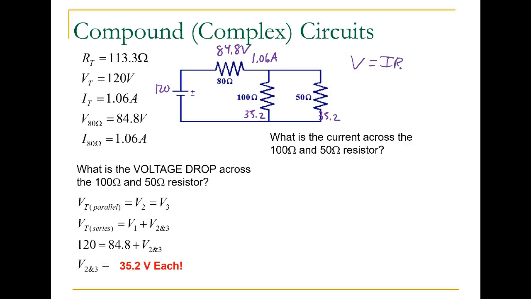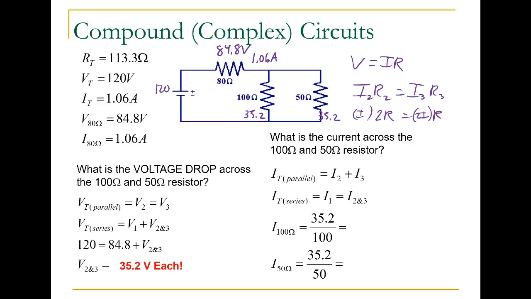Since V is equal to IR, that means that basically I2R2 is going to be I3R3. And if you have twice the resistance for one of them, that means you're going to have twice the current for the other. So basically the 50 ohm is going to get 2/3 of the current, and the 100 will get the other third.